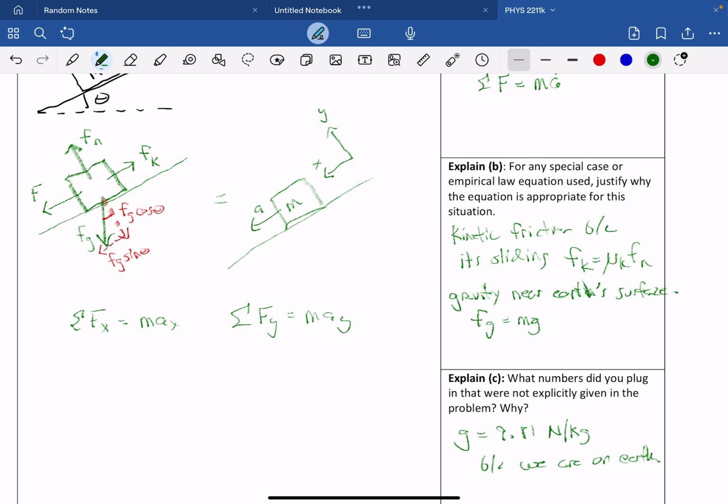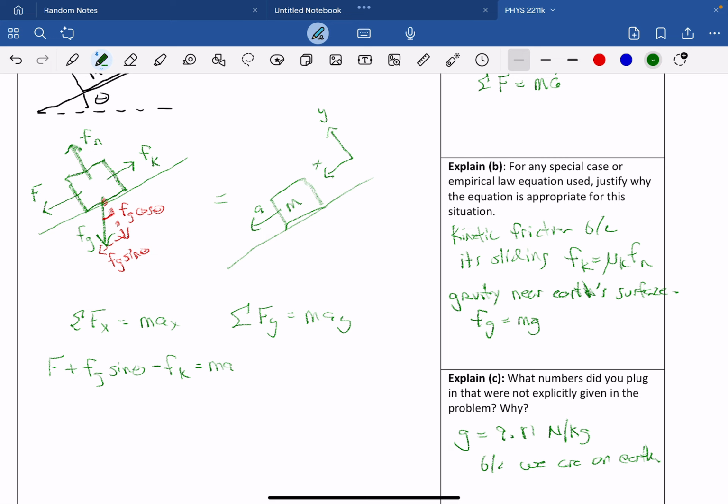In the x direction, we have the push force, F, pushing it down the hill. We also have the force of gravity, Fg sine theta, pushing it down the hill. And we have friction pushing it up the hill. So down the hill is positive, up the hill is negative, and those three forces add up to ma because the acceleration points down the hill.